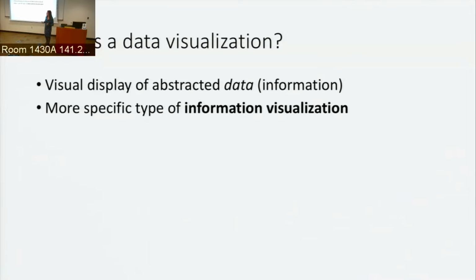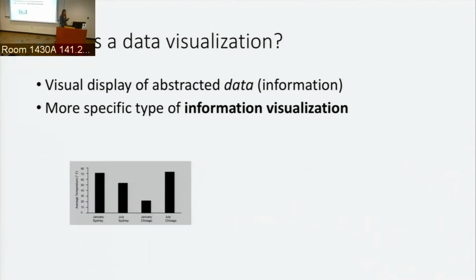So information visualization essentially is a similar idea where you can visualize other types of information that don't necessarily have to be data, right? So you can visualize things like how networks look, right? That's not necessarily data, it's just a visualization of connections, right?